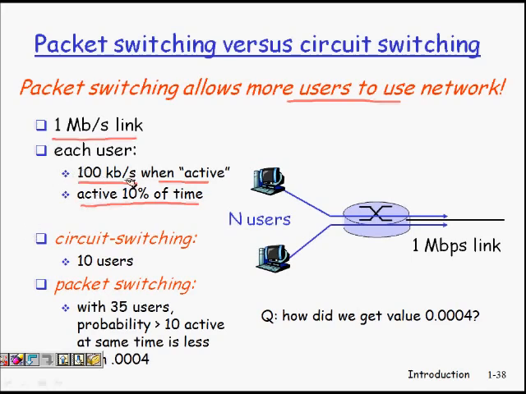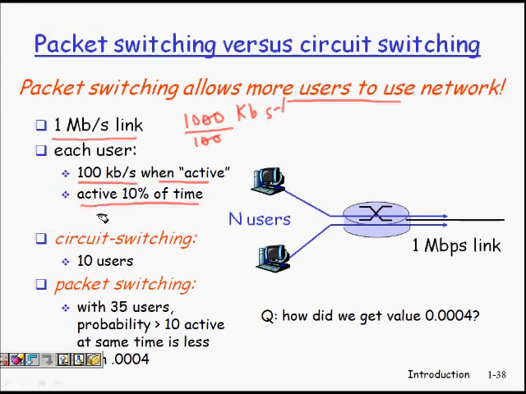What happens if we were allocating dedicated resources? 1 Mbps is 1000 kbps. Now one user requires 100 kbps, so dividing by 10, this link could have been used by only 10 persons. But we also see that you are not using the resource all the time.